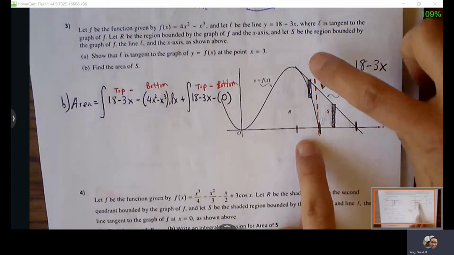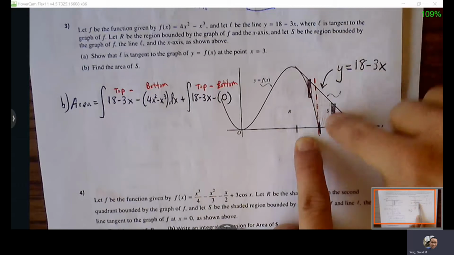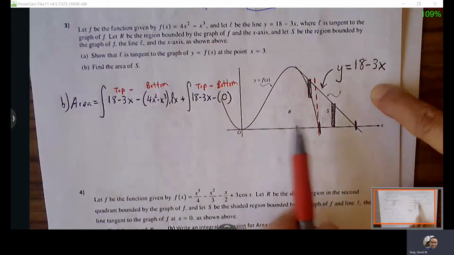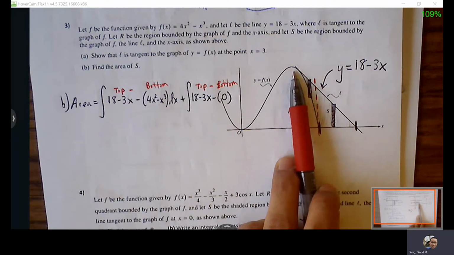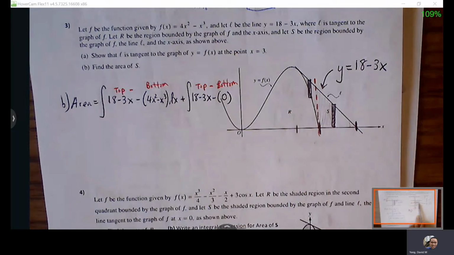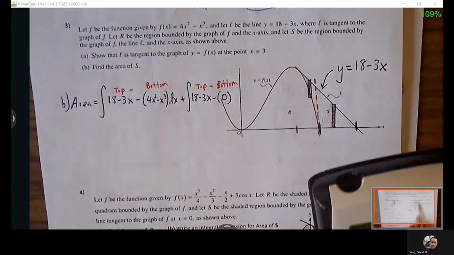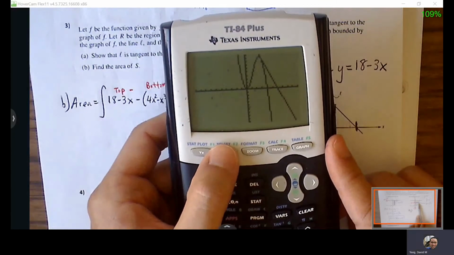Okay, so in your calculator, what did you find to be the intersection between the curve and the line up at this point here? Anybody find that intersecting point? Okay.